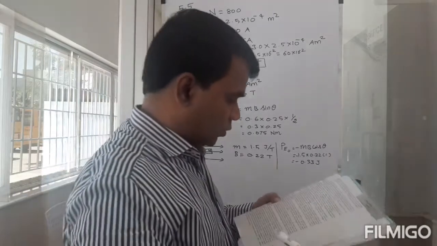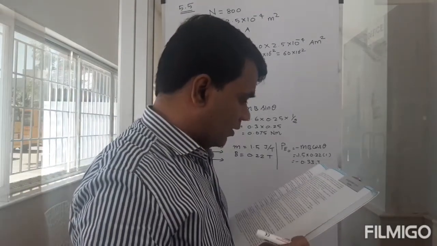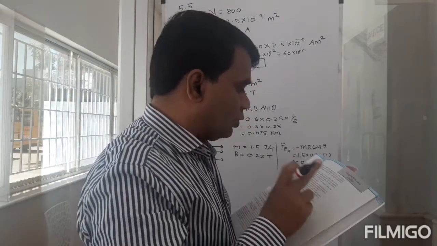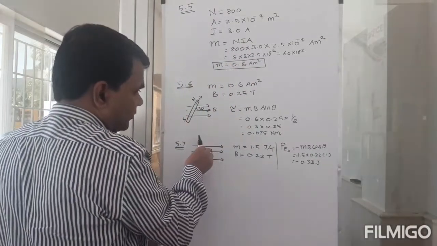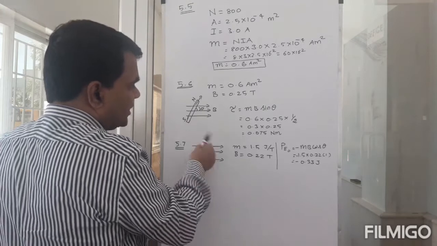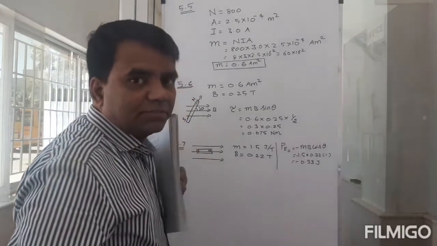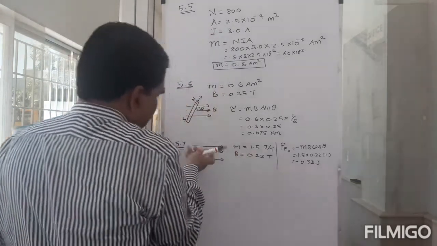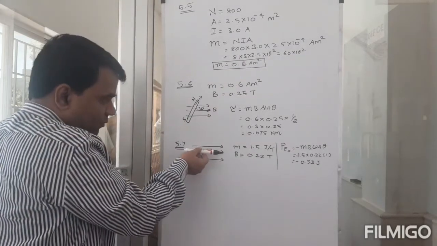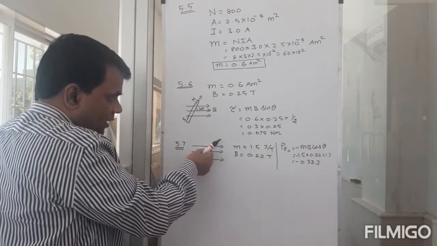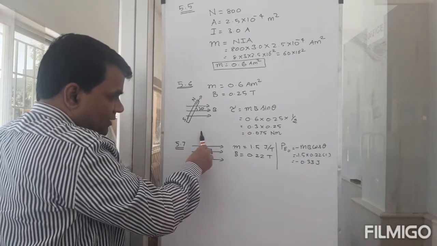And what is the question now? When it is normal to the field direction, so now you are going to take it from here to here. Okay? Then what is the potential energy at 90 degrees? I'm trying to take this bar magnet and turn it like this, 90 degrees.